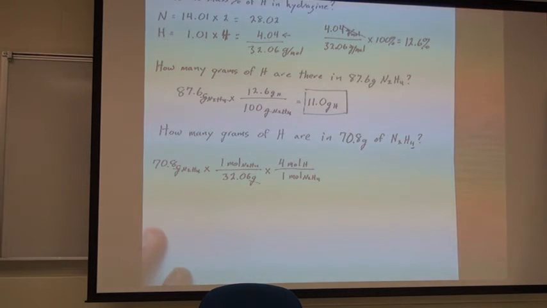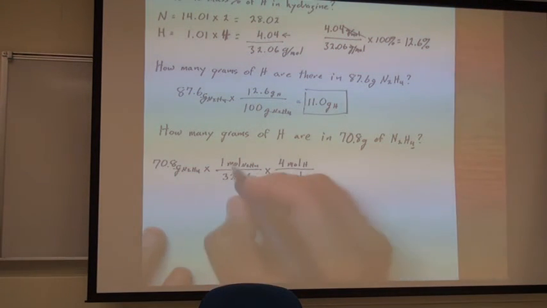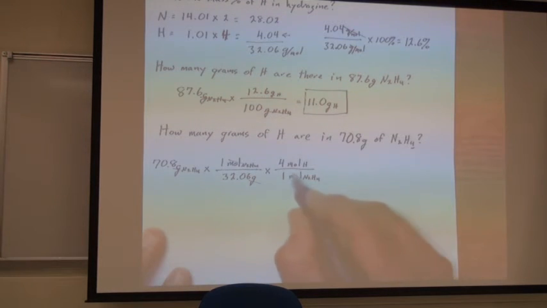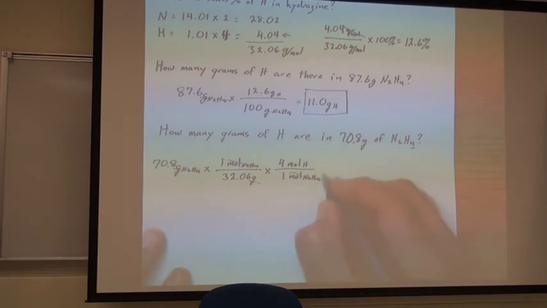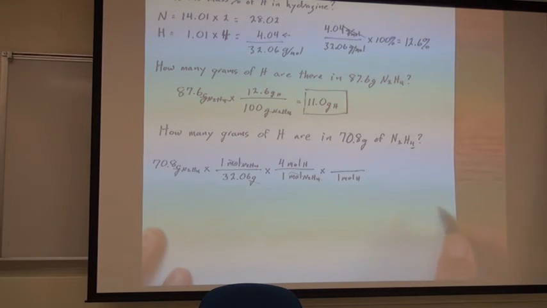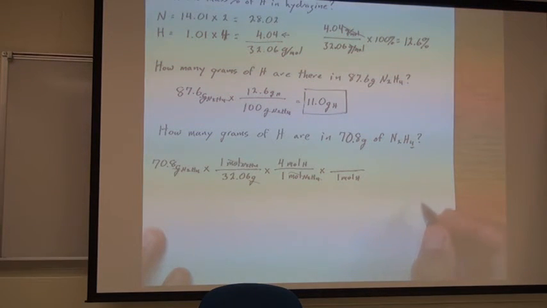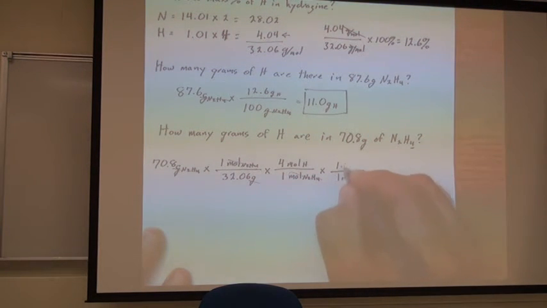Guess what happens here? Got rid of that, sucker. Now 1 mole of hydrogen is how many grams? You look on the periodic table, 1.01 grams.